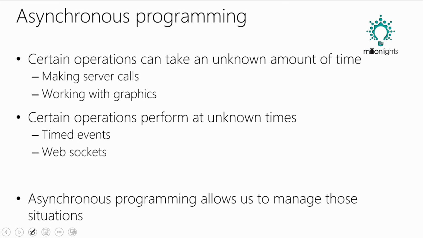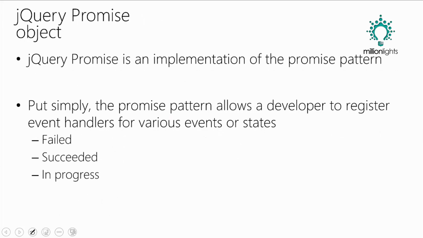this is going to be the caller side. So again, certain operations can take some unknown amount of time. Asynchronous programming allows us to go ahead and spin that off. And the jQuery promise is going to be an implementation of what's known as the promise pattern. And the promise pattern basically just simply says, hey, look, here's a token.